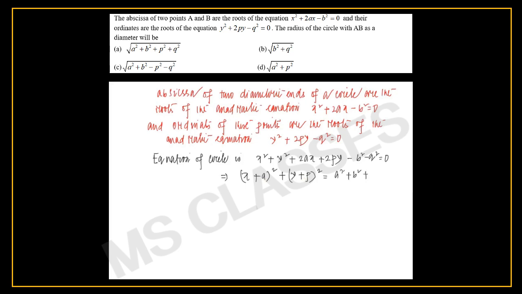So on simplification, we get this one. Now we can rewrite this as a square plus b square plus p square plus q square. Now this is in accordance with the formula x minus x1 whole square plus y minus y1 whole square equal to r square. So from that we can easily understand that the radius is equal to under root of a square plus b square plus p square plus q square. That is what we need.